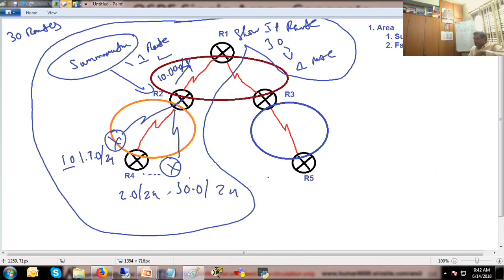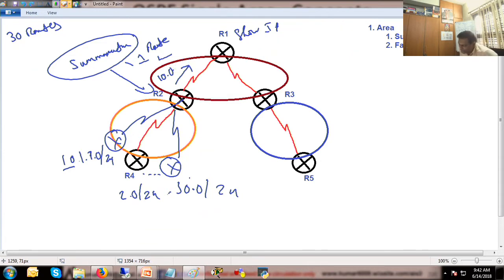In one street you cannot give three areas. The whole street has to be a single area. First you go to the area, then the sector, then the main, then the particular door number. Otherwise, you cannot do it. Addressing has to be proper. Clear on this? Okay.